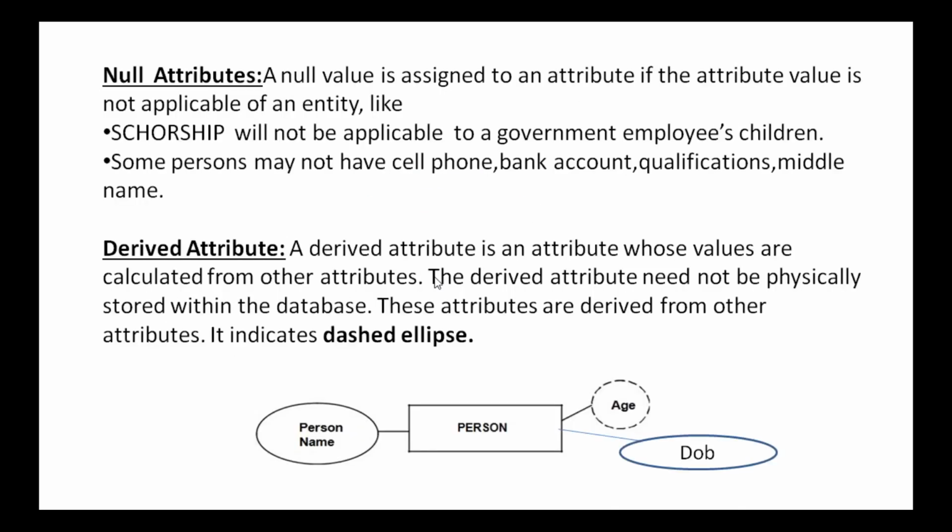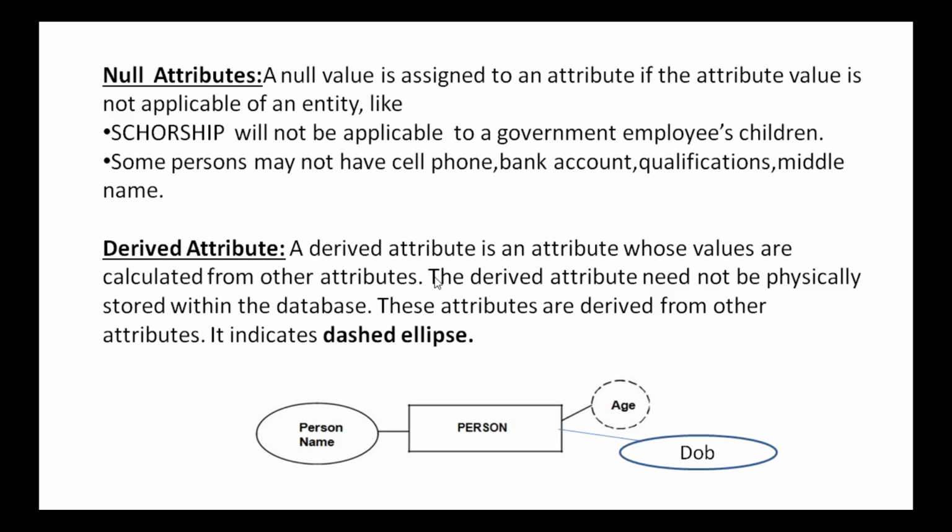Coming to the null attribute. A null attribute is nothing but, if an attribute value is not applicable, we just leave it empty. That attribute is known as a null attribute. For example, say a scholarship attribute exists in your table.